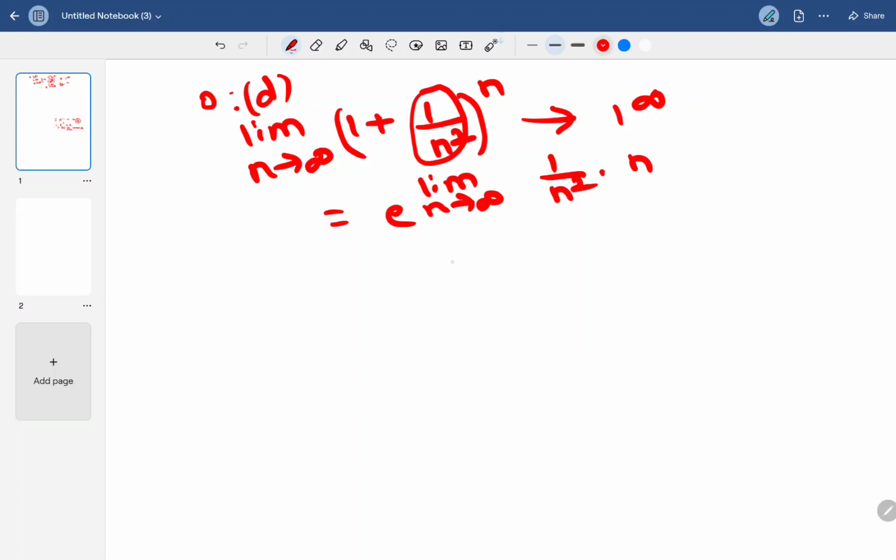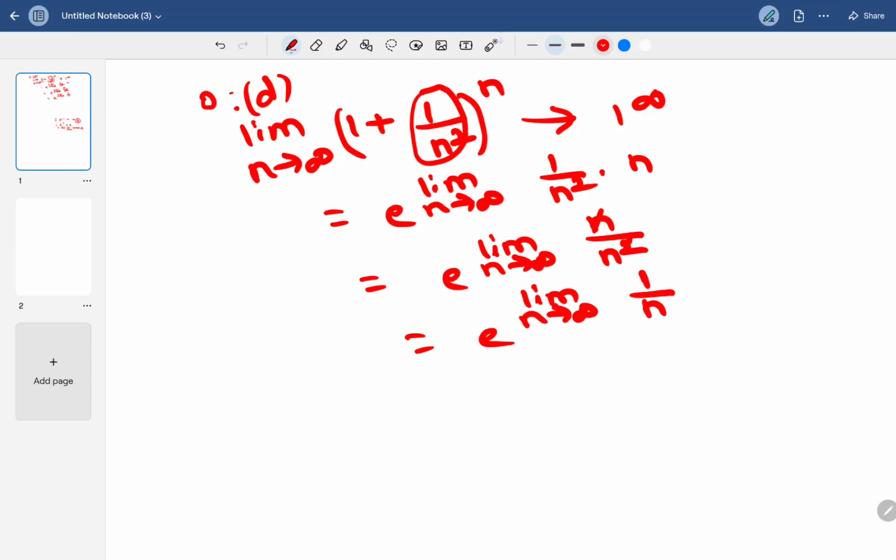Here f of x is 1 by n square, g of x is n. e power limit n tends to infinity of n by n square, e power limit n tends to infinity of 1 by n.